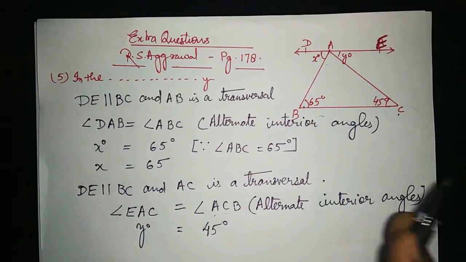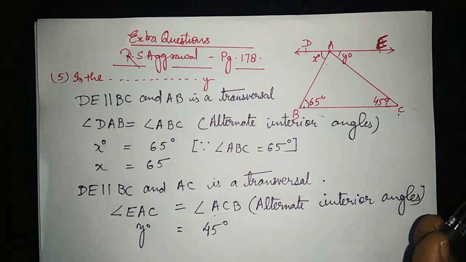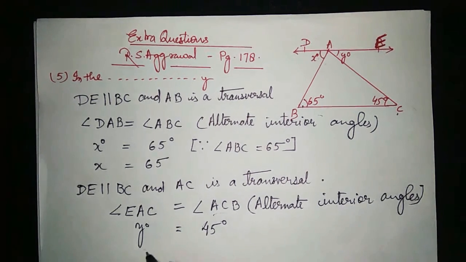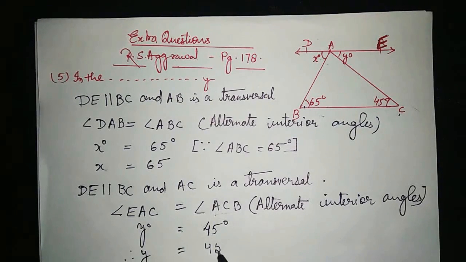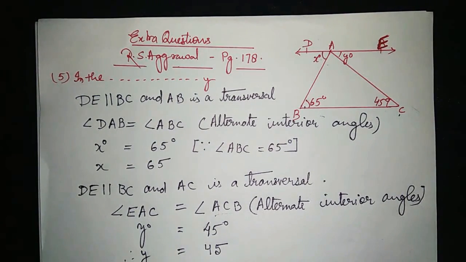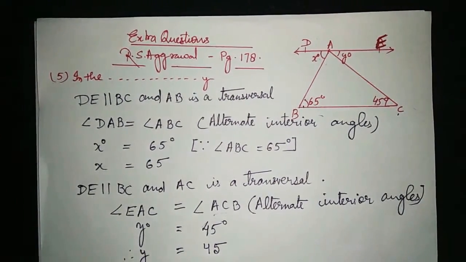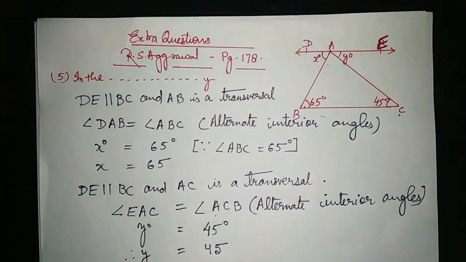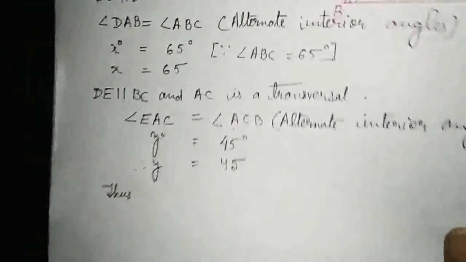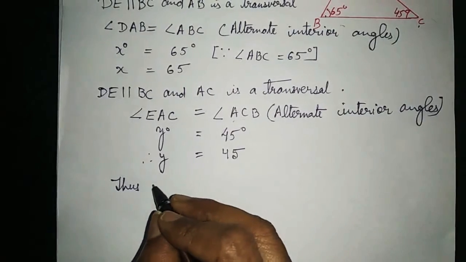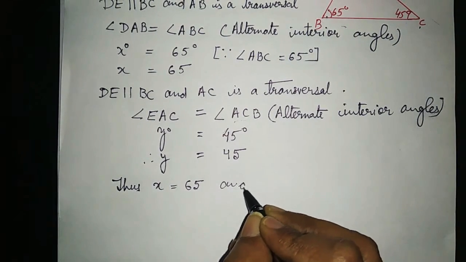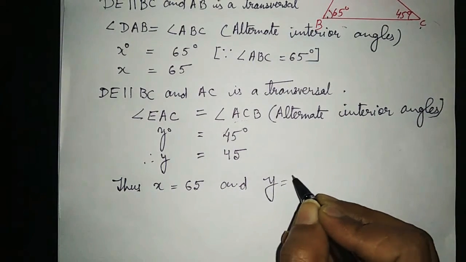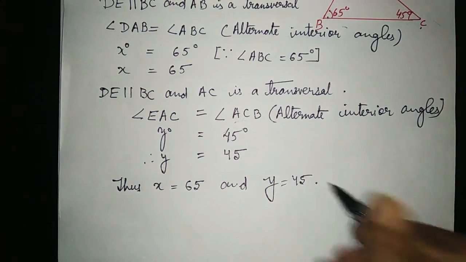And according to the question, we want to find the value of y. So y is equal to 45. So here you can write, thus x is equal to 65 and y is equal to 45.